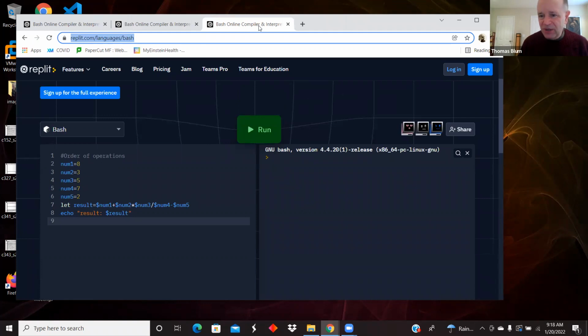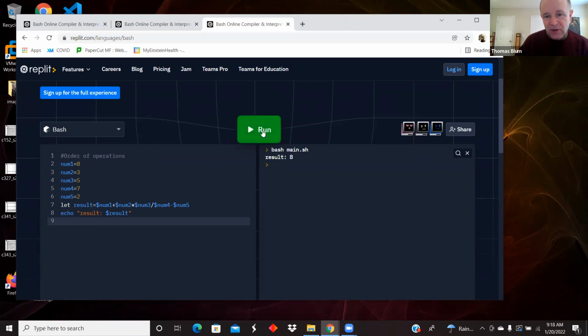And if we're talking about operations, we should also mention the order of operations. So in this little program here, let's run it, it just has one result. I've assigned 5 variables various values. Num1 was 8, num2 3, num3 5, num4 7, num5 2.